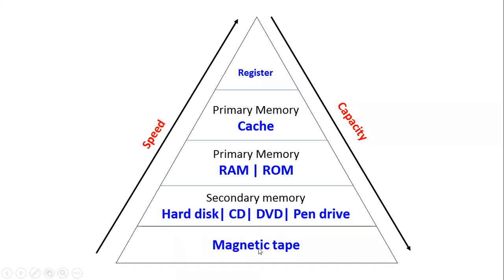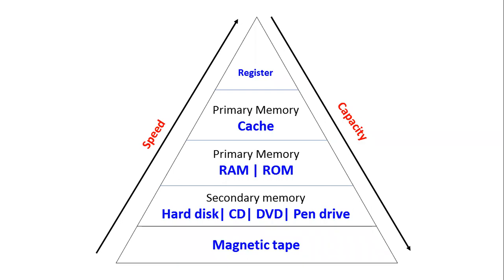It is not normally used with computers today, but in the earlier age, the first and second generation, magnetic tape was a very popular medium to store data and information. It's a type of secondary memory. The second layer has secondary memories again, hard disk and CD that we discussed earlier, normally used with laptops and any type of computer.